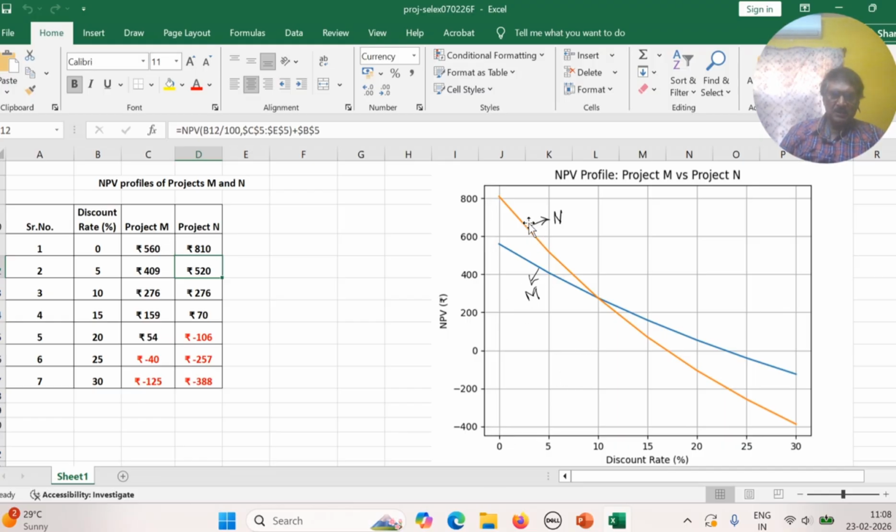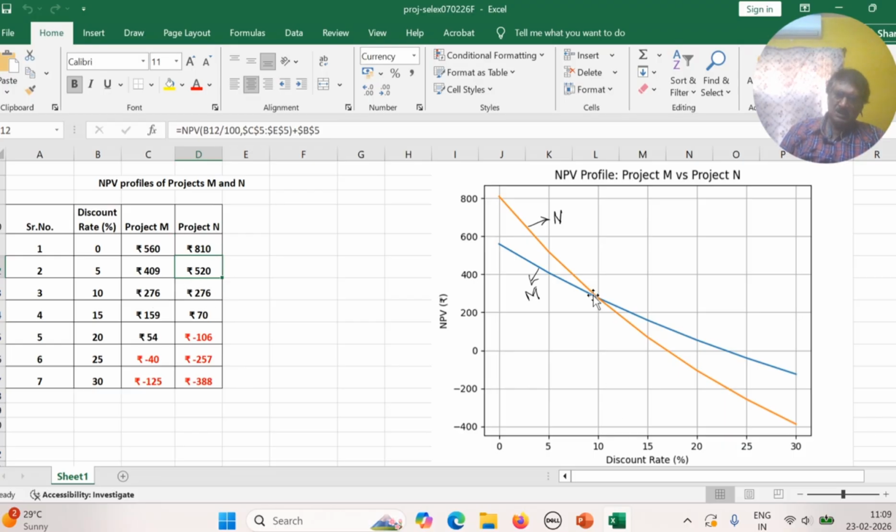This yellow is project N, and this one is project M. If you consider the NPV tool for taking the decision, then at this point, that is 10% discount rate, we see the NPV value for both the projects is the same. You can check here also at 10% discount rate, the NPV is 276 for M and 276 for N also.